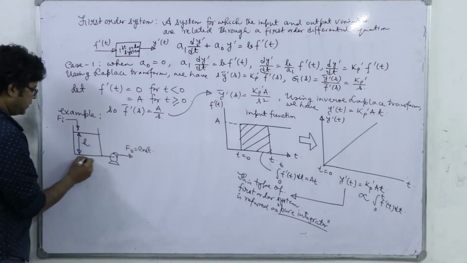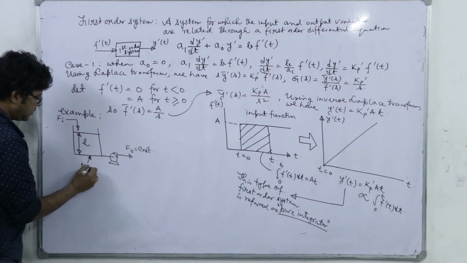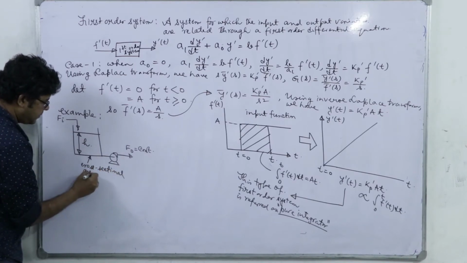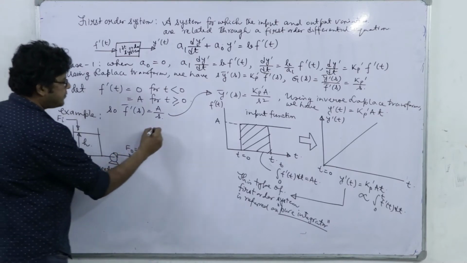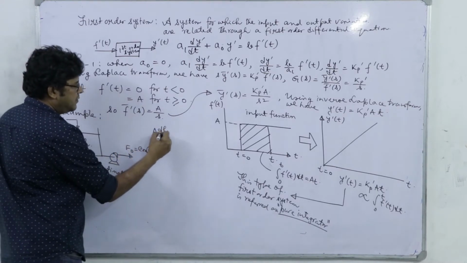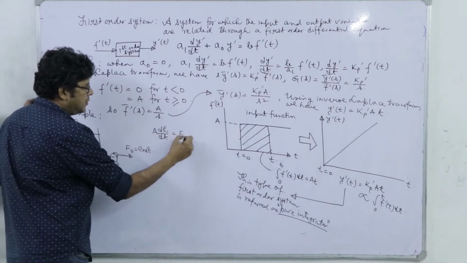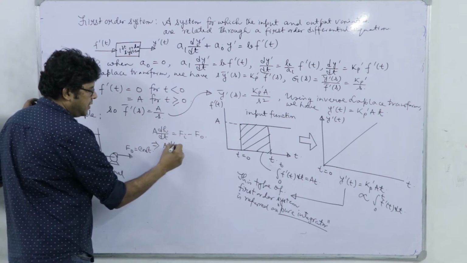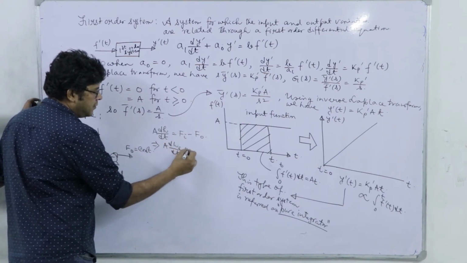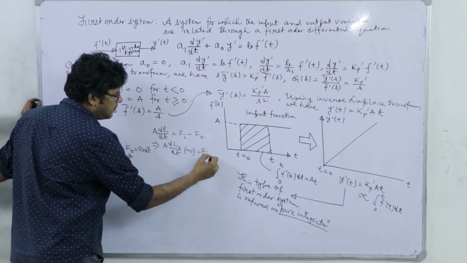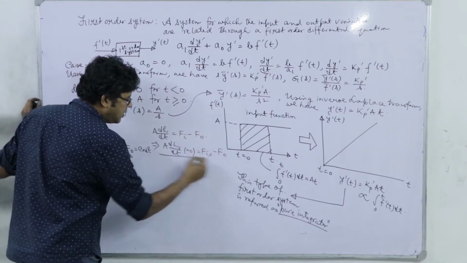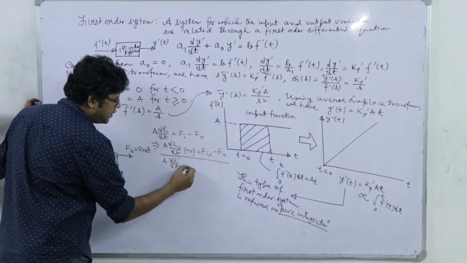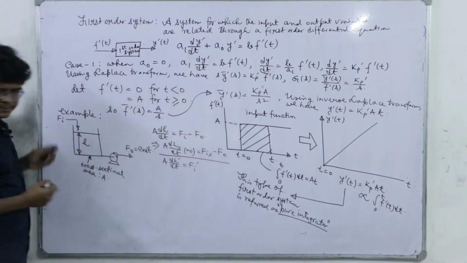So the system equation, if the cross sectional area is A, so A into dH dt equal to Fi minus F0. So steady state equation A dHs dt, which is 0, equals Fis minus F0. So if I subtract, we will get A dH prime dt equal to Fi prime.